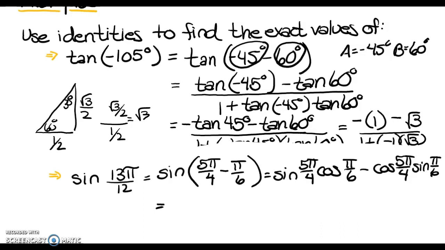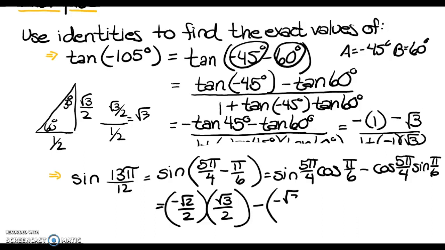So I know the sine of 5 pi over 4, that's going to be a Q3 angle. It's going to be one of my 45-degree angles. That's going to be a negative radical 2 over 2. Cosine of pi over 6 is going to be radical 3 over 2, minus cosine of a 45-degree angle, which is radical 2 over 2, in quadrant 3 is going to be a negative radical 2 over 2, times the sine of pi over 6, which is 1/2.